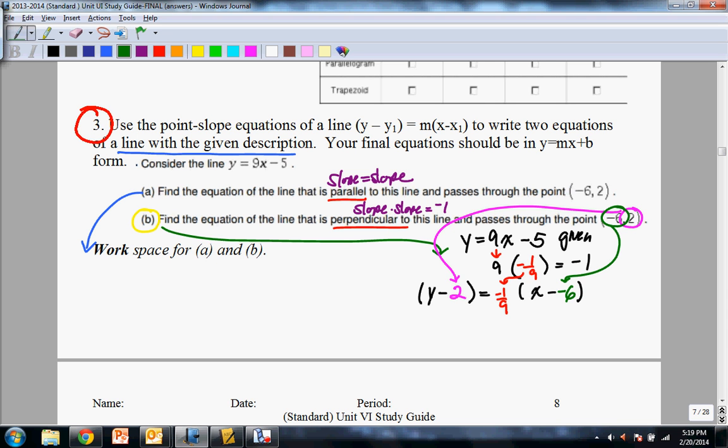I'm going to watch those double negatives. We see we have a double negative here. That's going to become positive. Now we're going to distribute that -1/9.